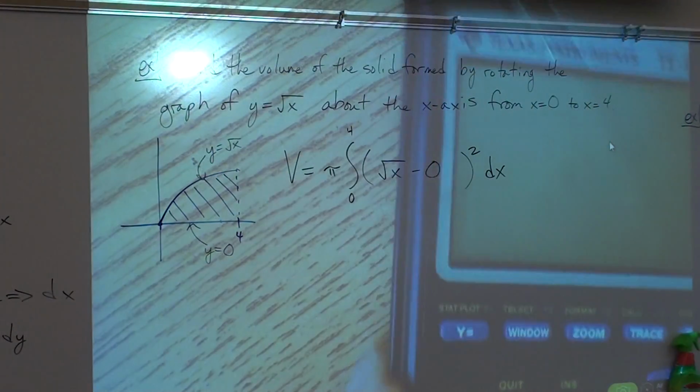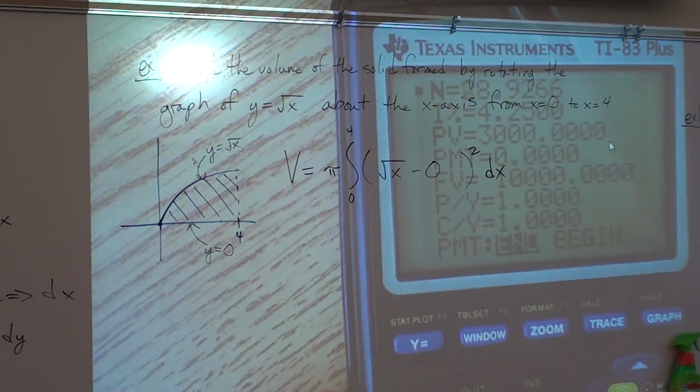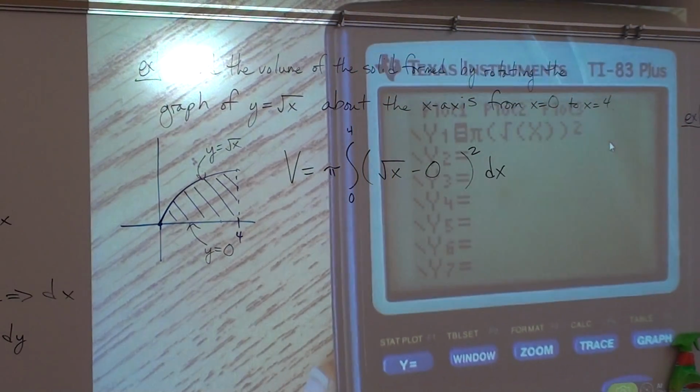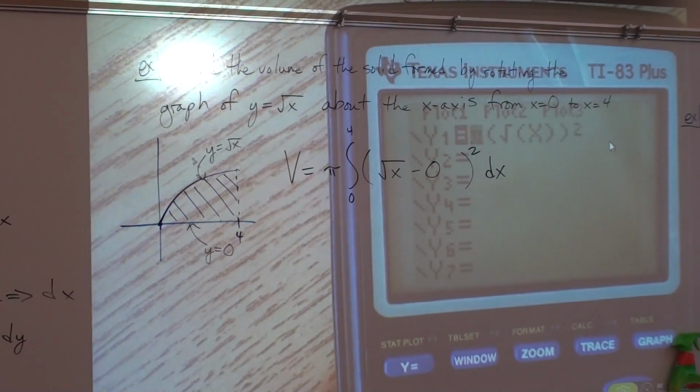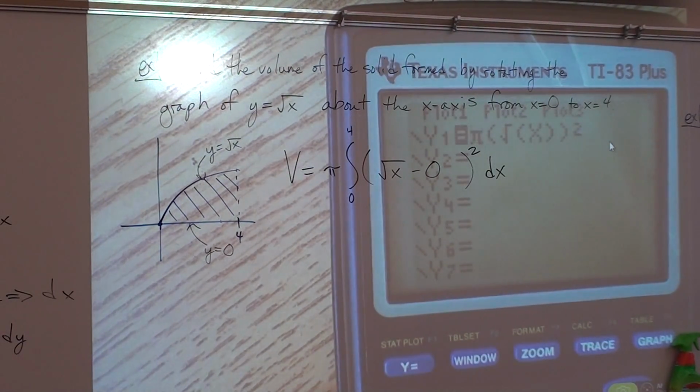So I'm just going to do this on top of the writing here. Oh look at that, I still have it in from this morning. So you put in your function, pi times the square root of x, squared. Most common thing to forget: people will put it on their paper but forget to put it in the calculator. You've got to remember to square your radius.